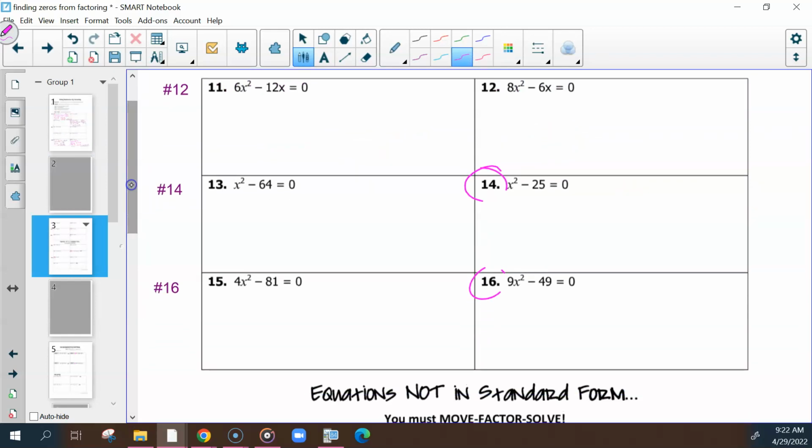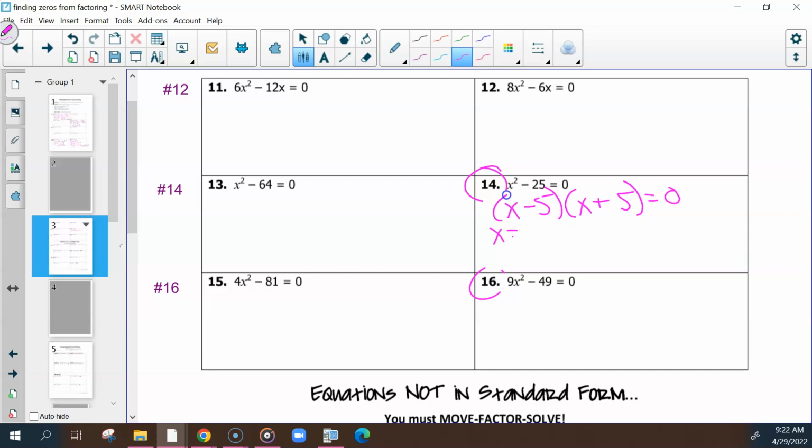On the next page, we're going to do number 14 and 16. How could we factor 14? Say that one more time. x minus 5, x plus 5, because this is the difference of squares.